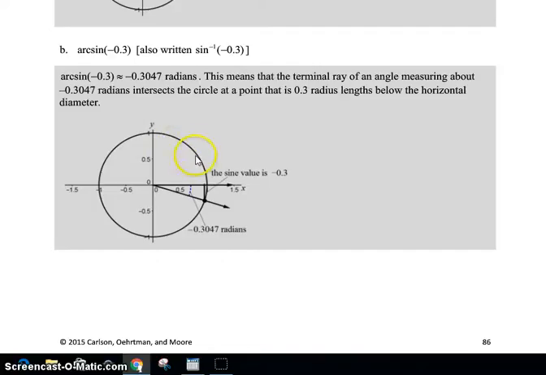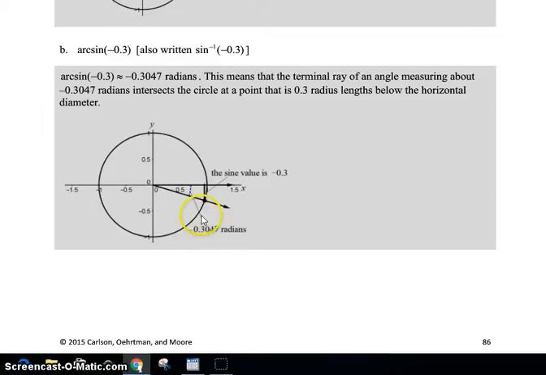Sine is restricted to angle measures in the first and the fourth quadrants. So if we're looking at an angle measure of -0.3, that's a clockwise rotation of 0.3 radians. And if we measure the vertical distance to the horizontal axis, we see that that sine value is -0.3 for this point P. And arcsine will take you back to see how many radians.